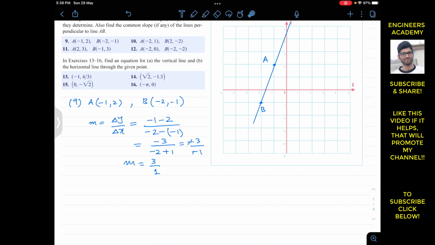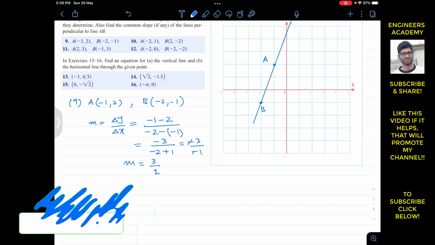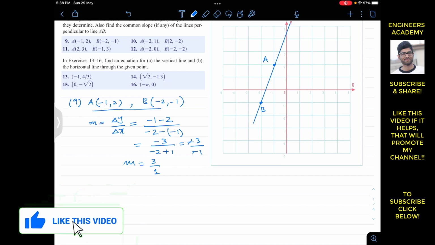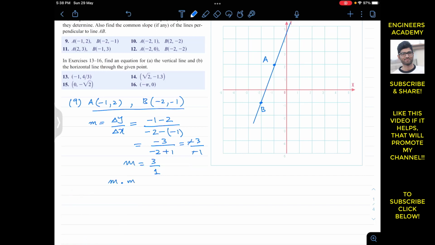Now, to find the slope of a line which is perpendicular to this AB line, we know that the product of the slopes of perpendicular lines is always equal to -1. Let's say this line is line 1.